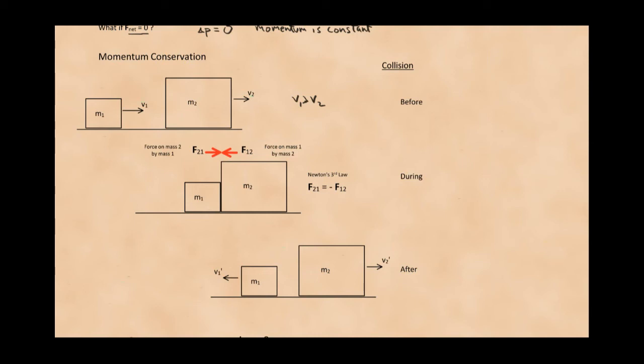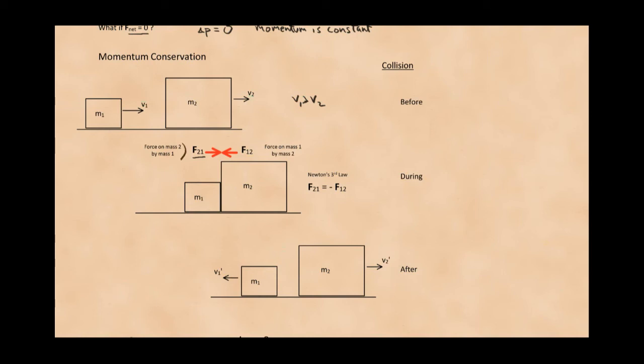When that happens, mass 1 will exert a force on mass 2. And that's represented here by F21. This is the force on mass 2 by mass 1. But Newton's third law says that for every force, there's an equal and opposite force.